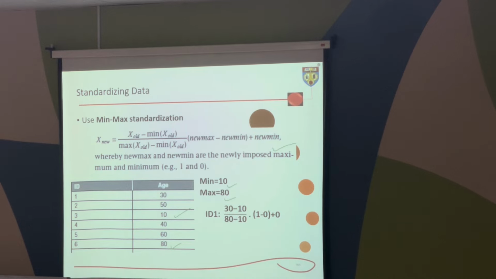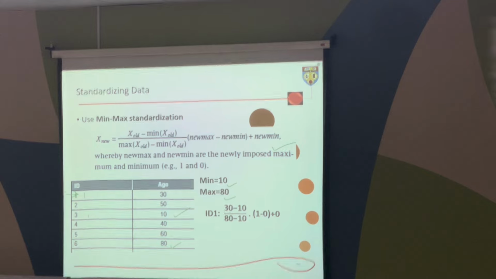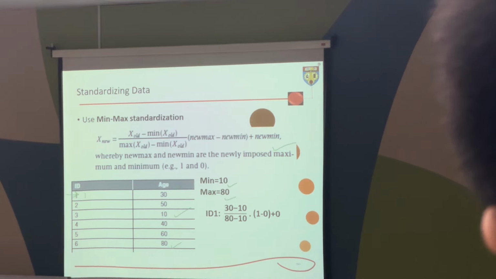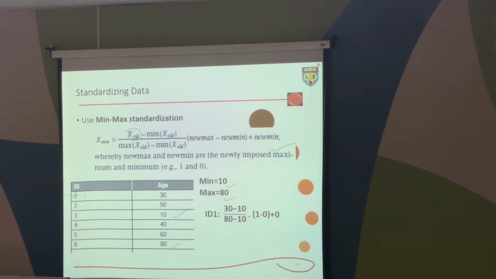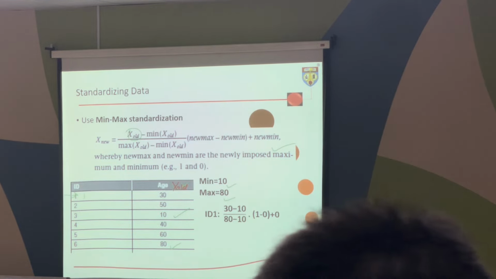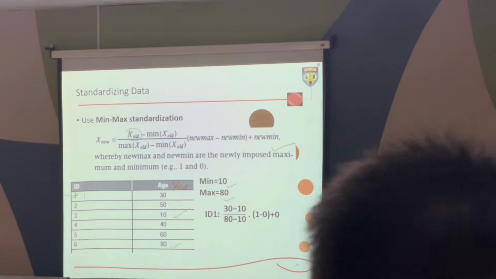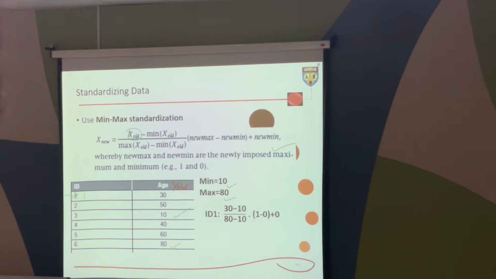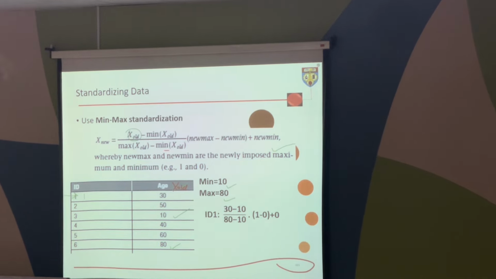Okay, so for example, I want to rescale the data for ID 1 here. 30 here represents the old data point, so this one is X old, minus the minimum old, which is 10, and then we divide it by the maximum old, 80, minus the minimum old, 10.